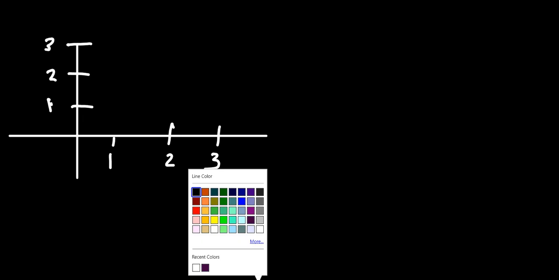So let's choose a vector. Let's make it purple, dark purple, and let's choose a vector. Oh shoot, that's a little bit too dark. No, I'll choose green. I'll choose very light green.